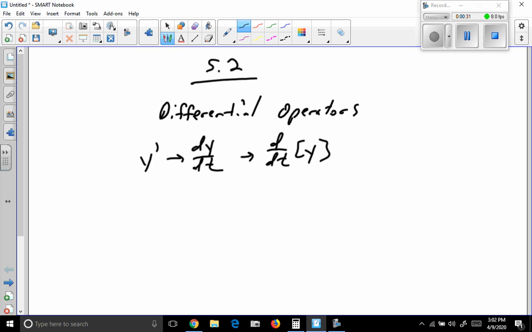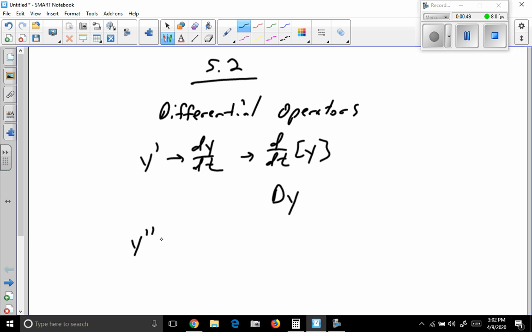In this case, we're going to introduce some new notation where instead of calling that the derivative with respect to t of y, or calling it y prime, we call it D of y, meaning the derivative of y.